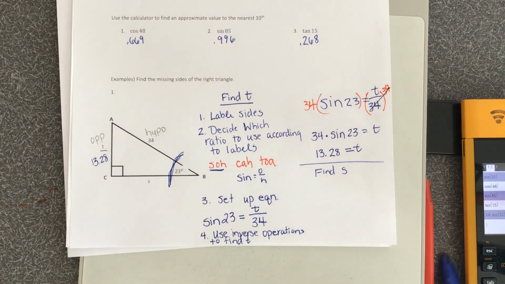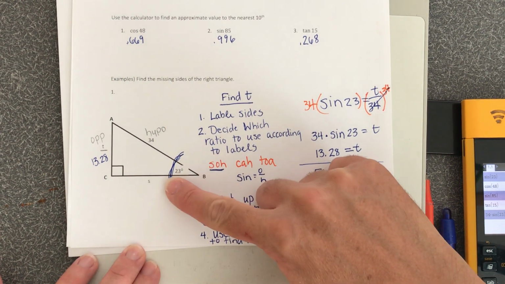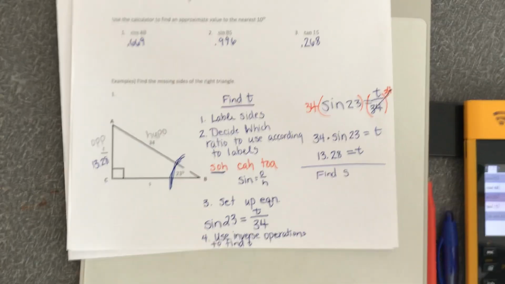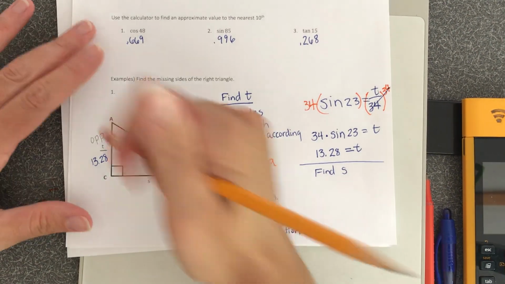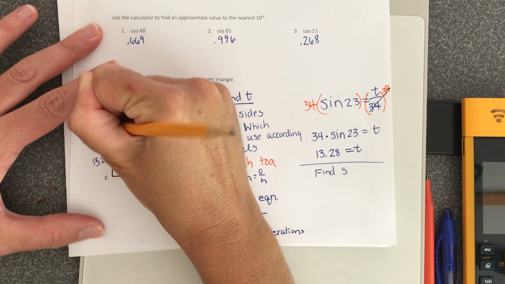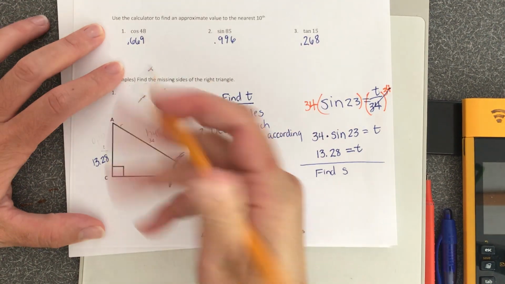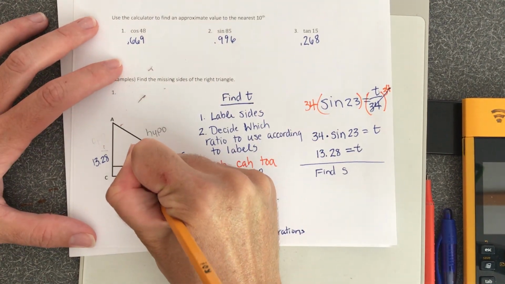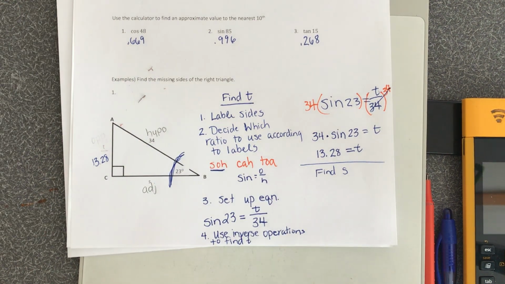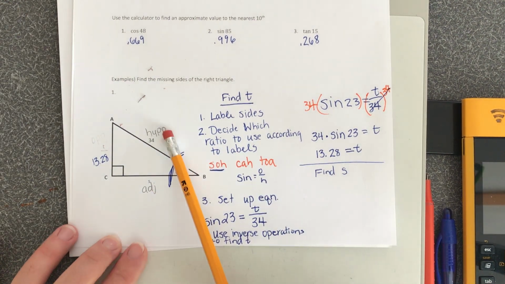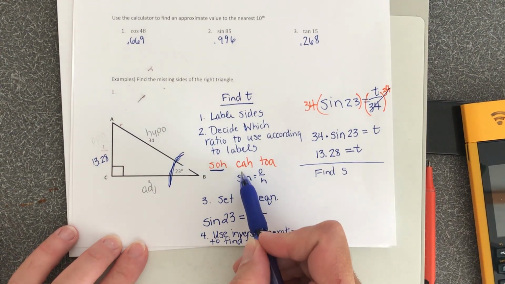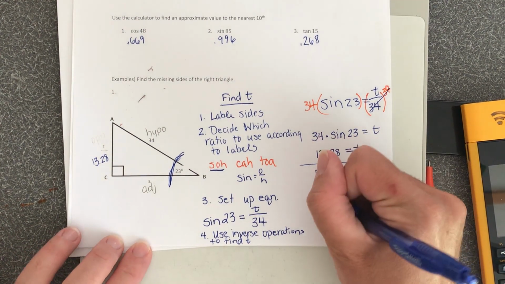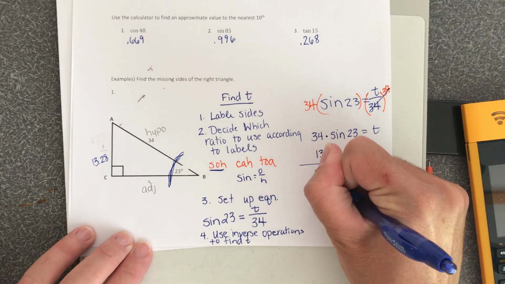I want to label still in reference to this angle, but we're not going to be using the opposite side anymore. s is adjacent to this angle measure. So which ratio uses adjacent and hypotenuse? That's cosine. So to find s, we are going to use cosine.